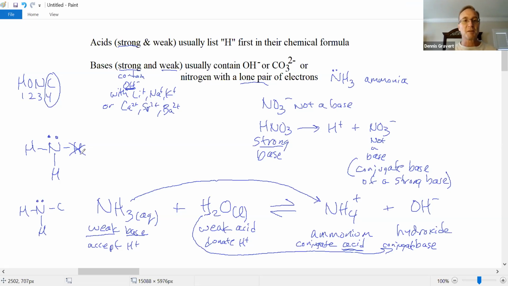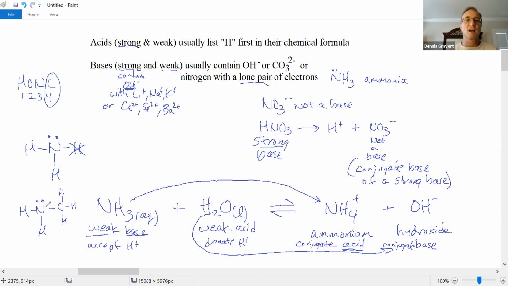So if you put on a carbon in place of a hydrogen, this carbon is going to need a total of 4 bonds. So maybe you put hydrogens here. And now you have another base, another weak base. And you can do that to all the hydrogens if you want, or just 2 of them. Why do you have to just put on 1 carbon? You could put on a chain of carbons.